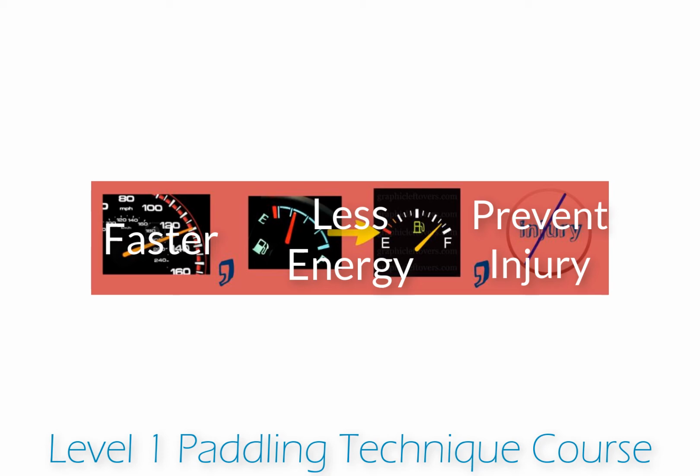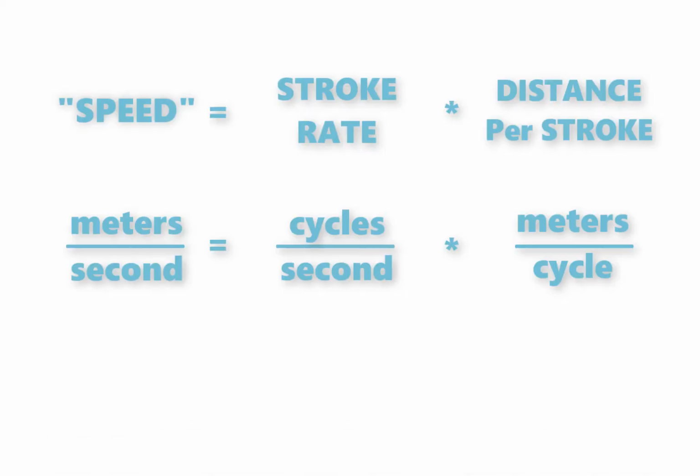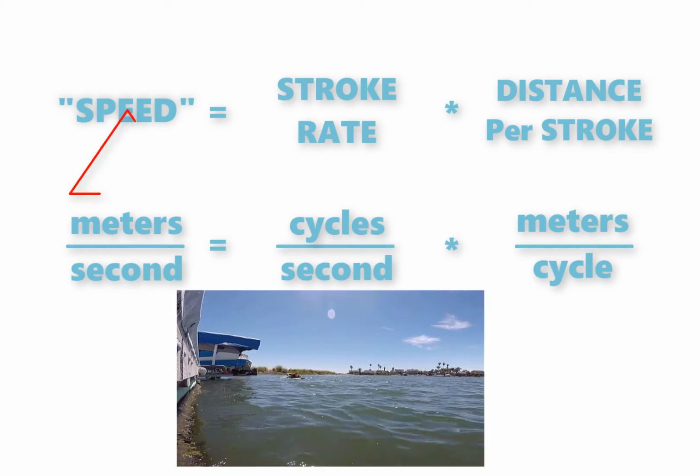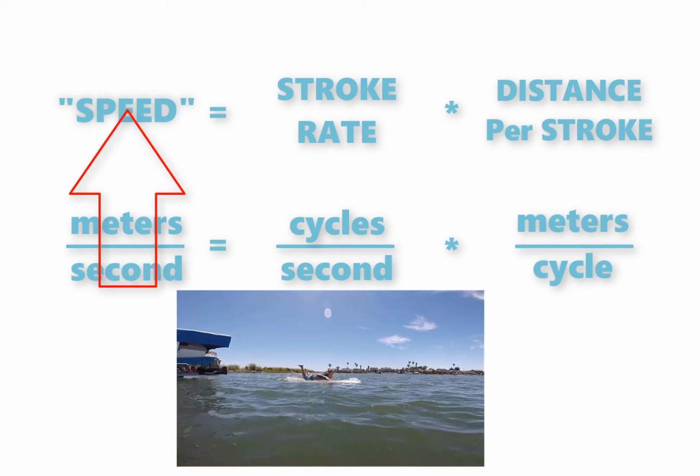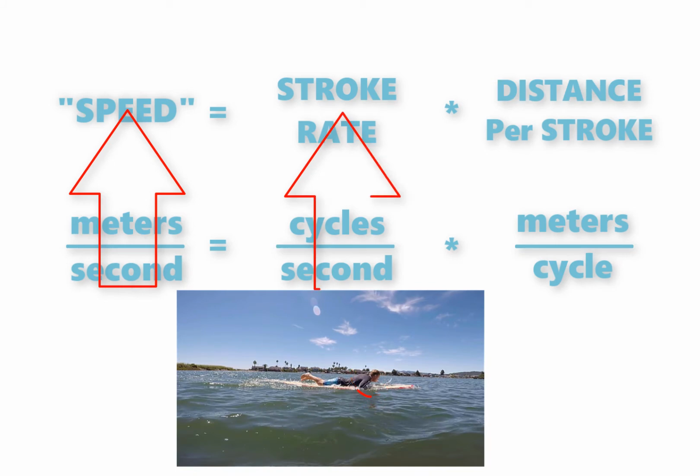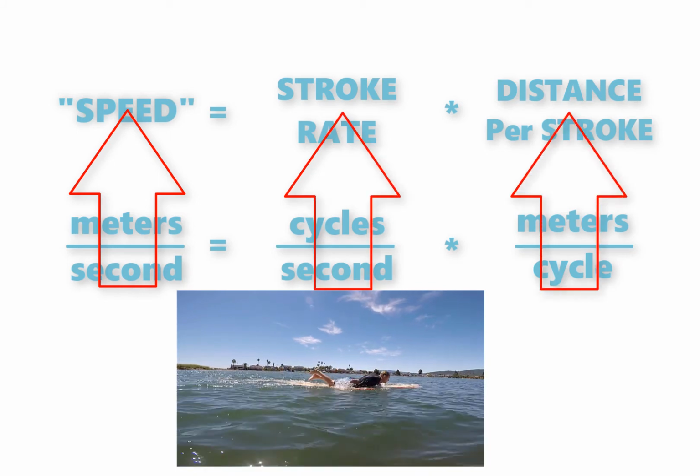So, going back to our formula, let's key in on what we need to work on first and foremost in order to lay a strong foundation for how to paddle faster. To increase speed, or meters per second, we want to increase stroke rate and distance per stroke. We get this.